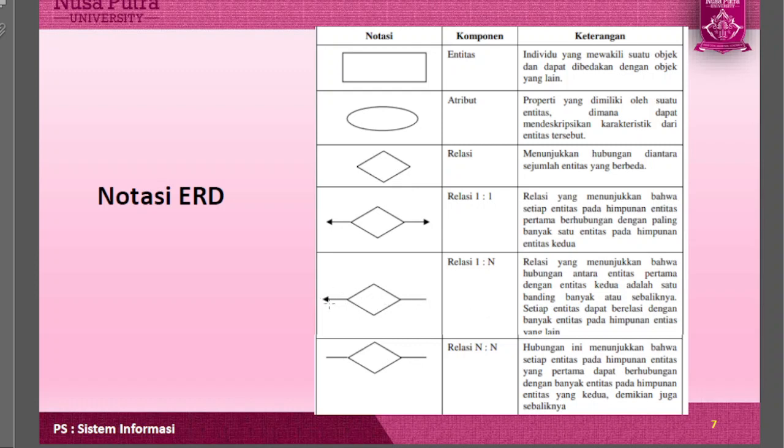The shape on the left, the left arrow here, means one, and only one line means many, and here many to many.